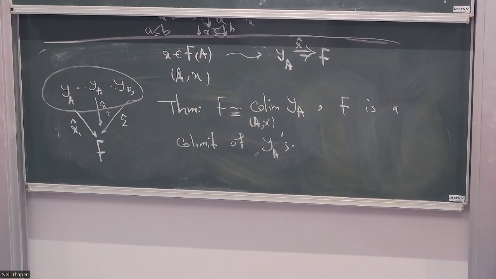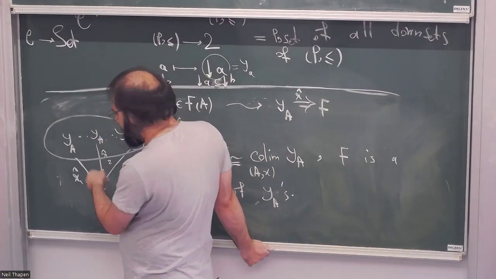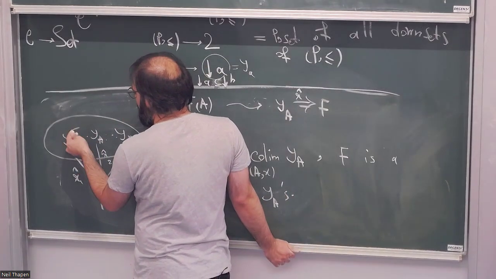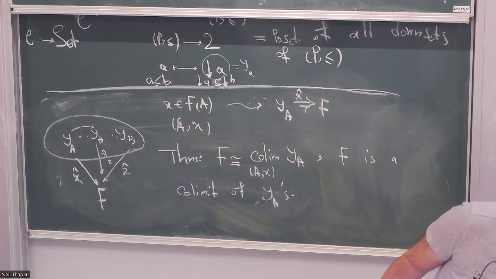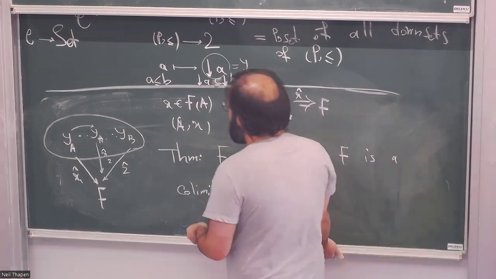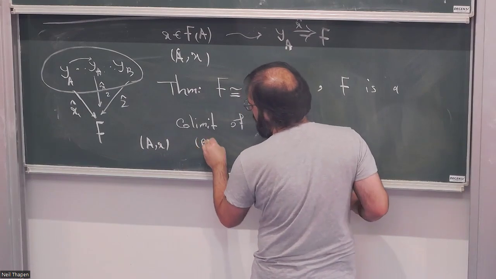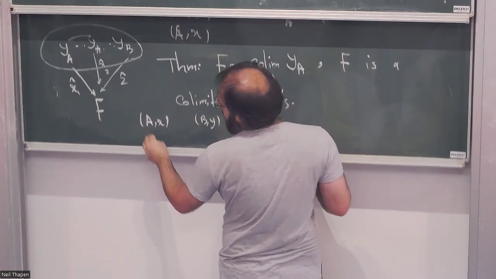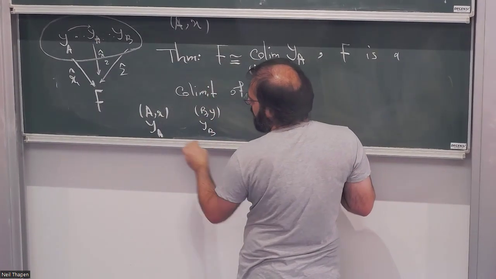It's like for a co-product, a generic column. Yes, because there are maps here, of course. So what are the maps? If you have two pairs, A, X, and say B, Y, then you have Yoneda of A for that one, and Yoneda B for that one, and then there is a map.